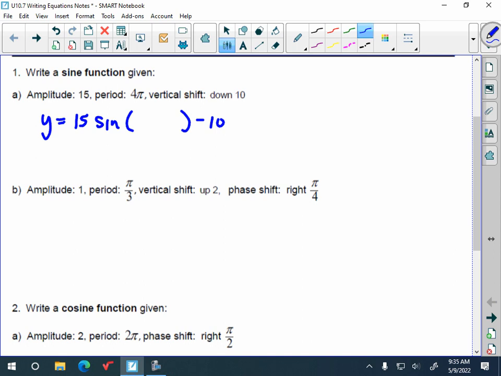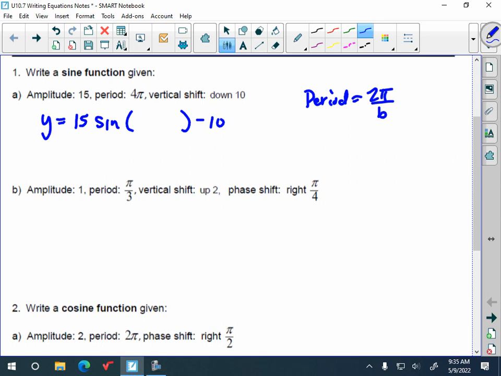And so you get that by using the period formula. So period is equal to 2 pi divided by B. That's our formula that has B in it. Now we want to solve this for B. Okay, now we already know what the period is. They tell us we can put 4 pi right here.